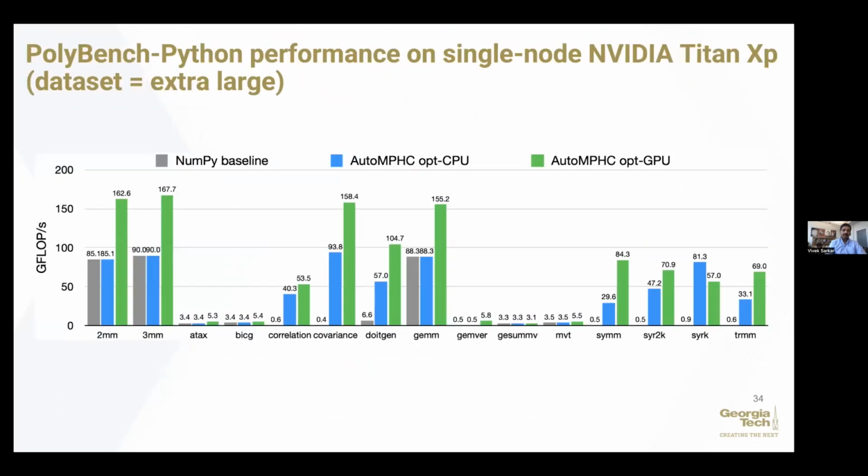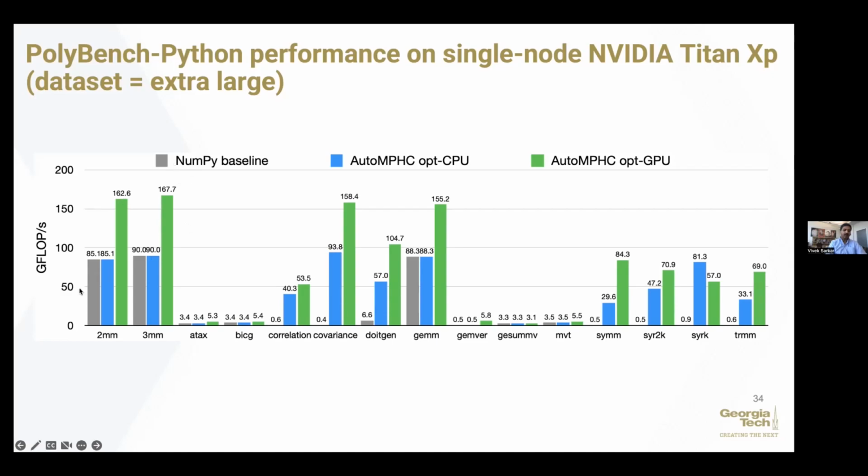And just very briefly on this other one, there's a benchmark suite in the polyhedral community called Polybench. And recently we learned there's a Python version of it. So we tried that out in our compiler, for about 15 of them. Now this is in gigaflops, so bigger is better.